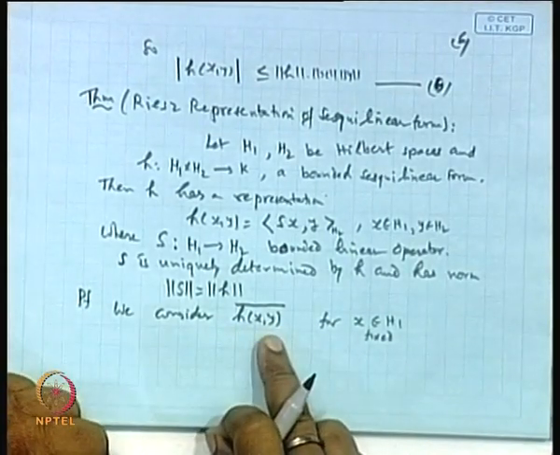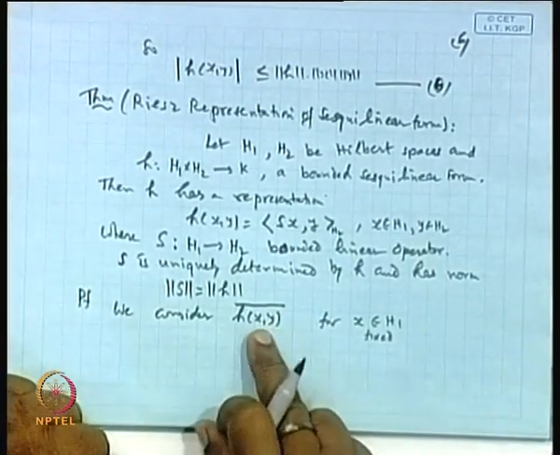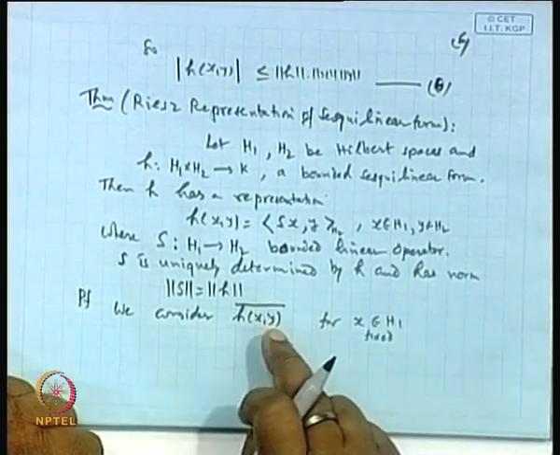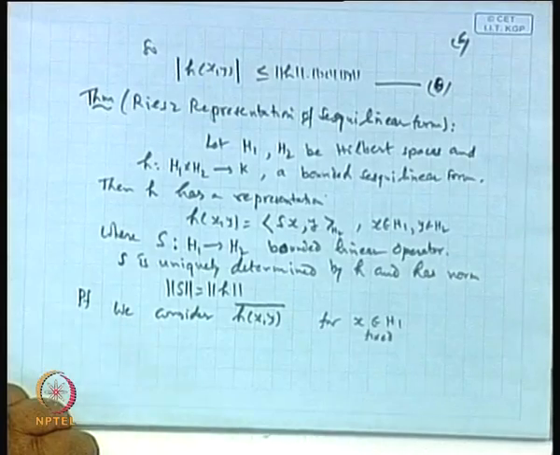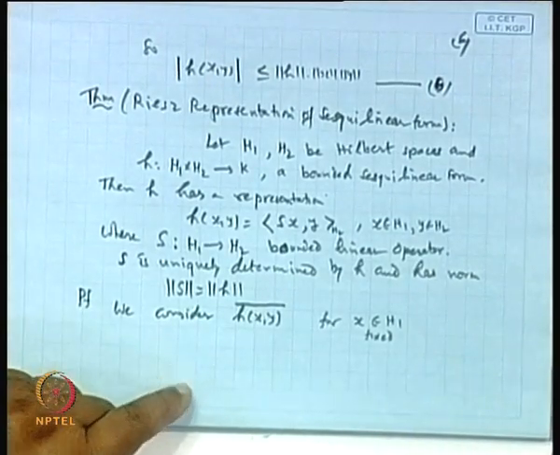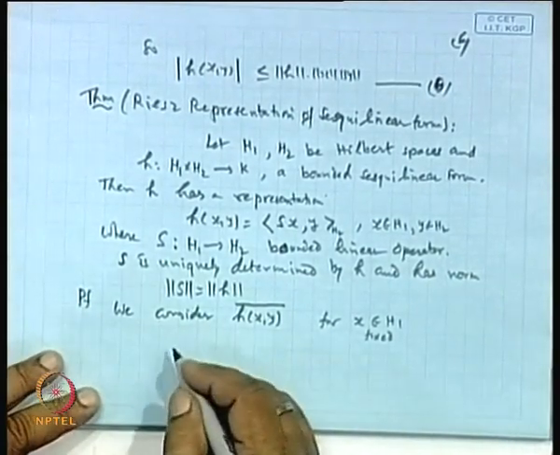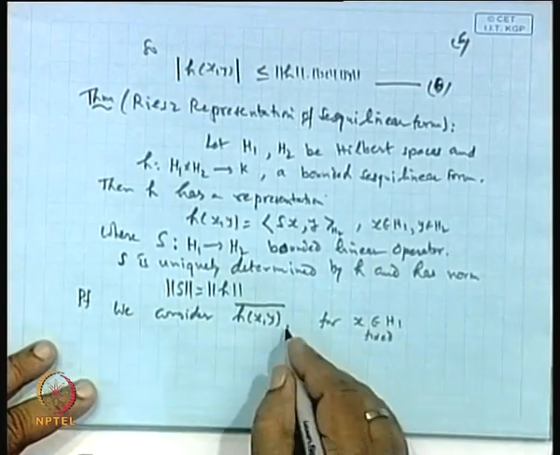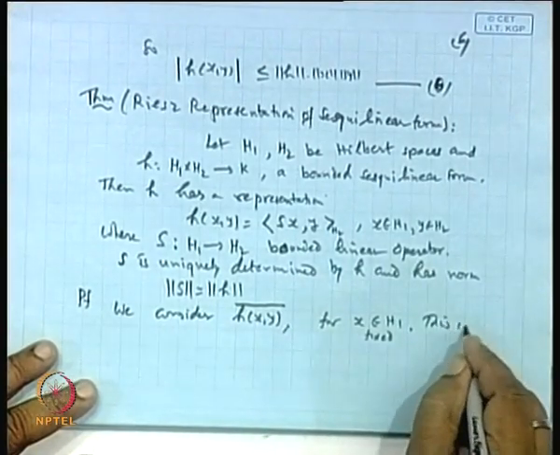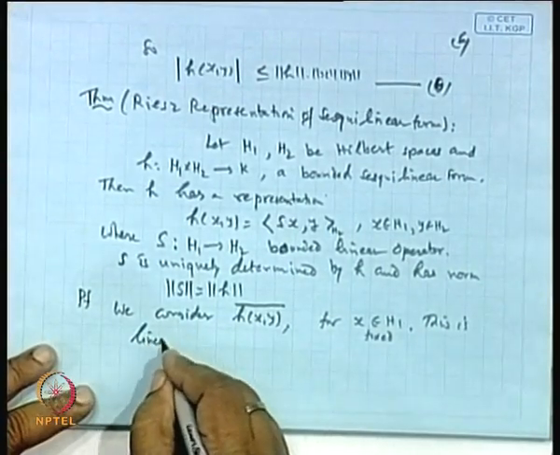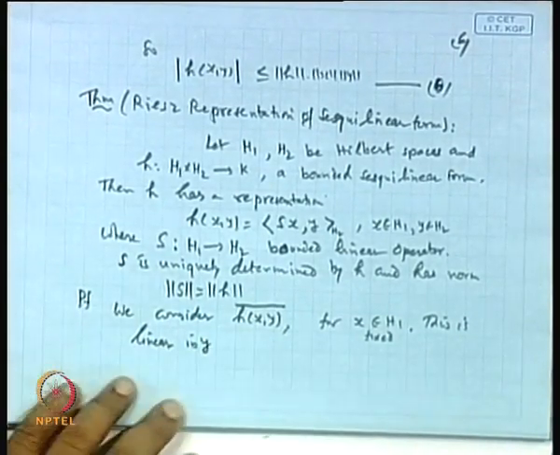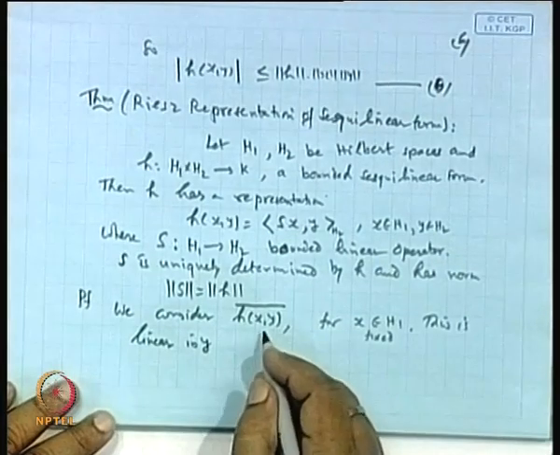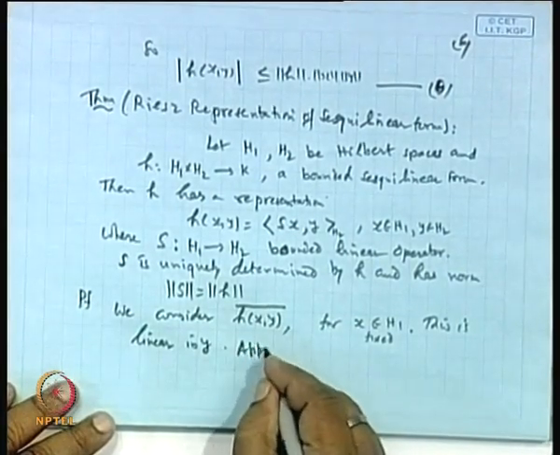Because H is conjugate linear with respect to the second coordinate, but we are taking the conjugate of it. So, with respect to the second coordinate, this entire thing becomes linear in y. Is it okay or not? Okay. Then apply the previous theorem.